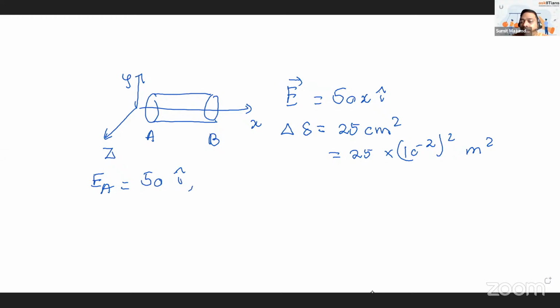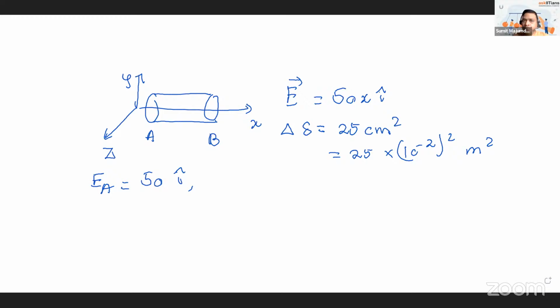Further, how do we find the electric field at B? Let's try to find out the value of electric field at B. It is going to be equal to, just a minute, let's go back to the question once.